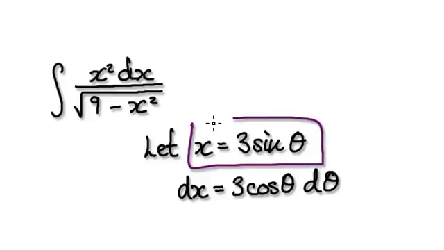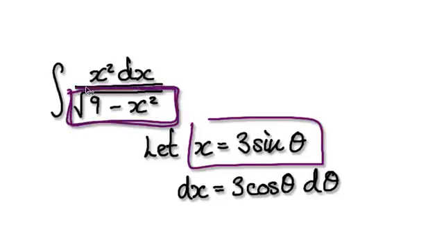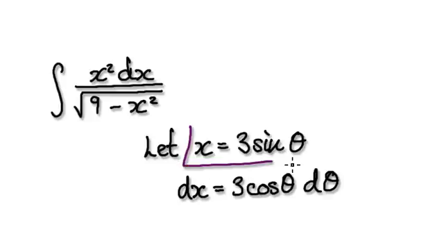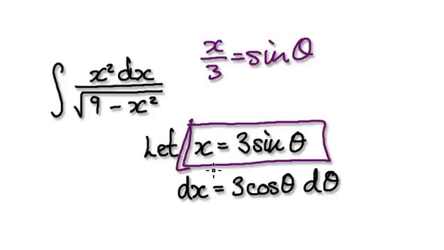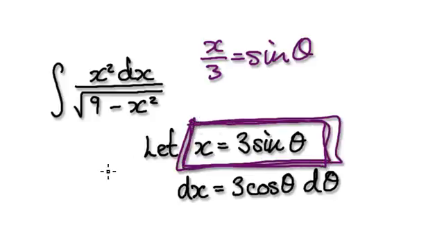Once you've made this substitution, you want to draw a diagram, because your next question is, what should this be? Your eyes should zoom into here. Looking at this, divide both sides by 3, so that would be this. Create a diagram in such a way that this statement is true.